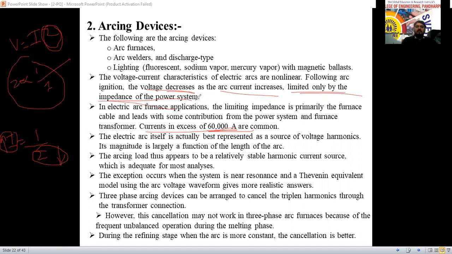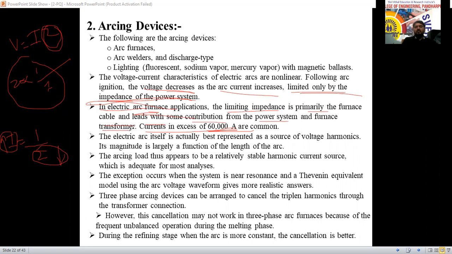The impedance of the power system also matters, so we have to consider that one. In electric arc furnace applications, the limiting impedance is primarily the furnace cable and leads, with some contribution from the power system and furnace transformer.